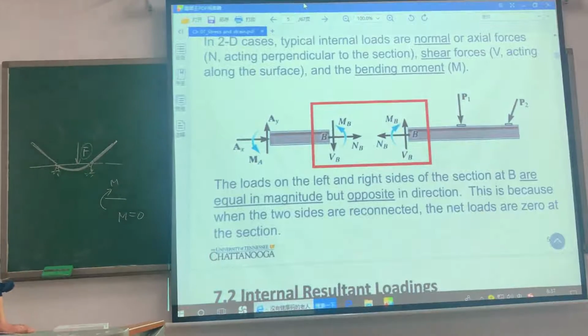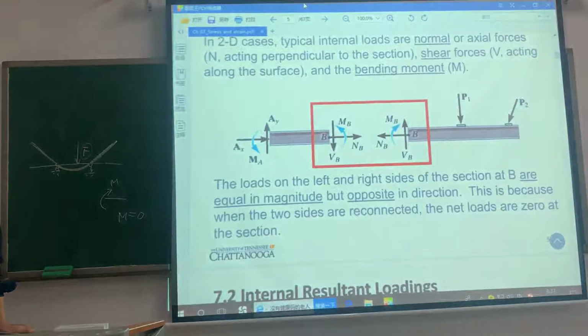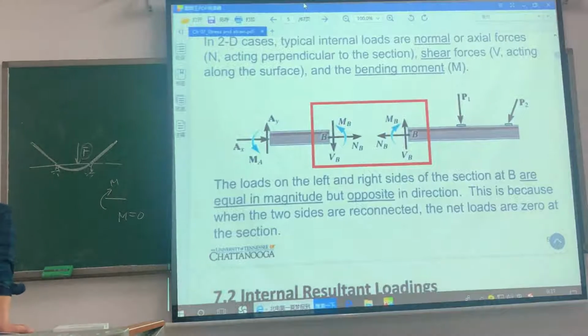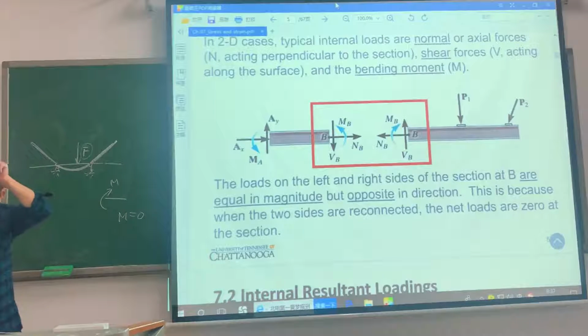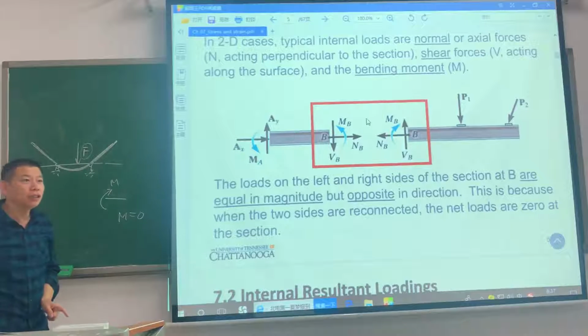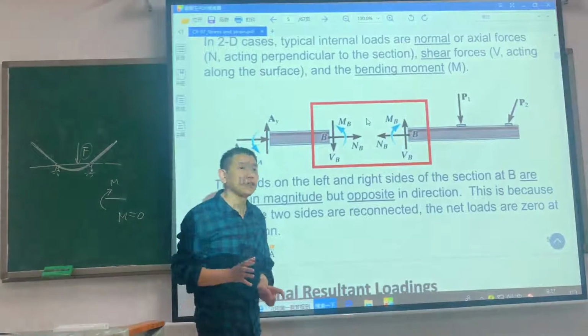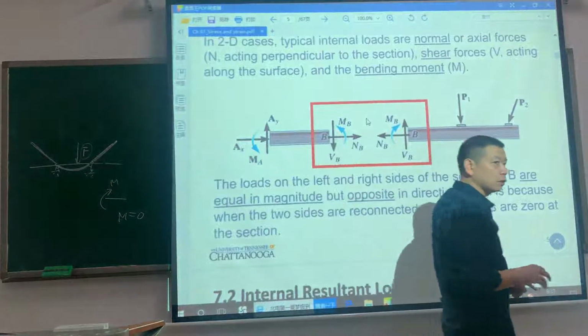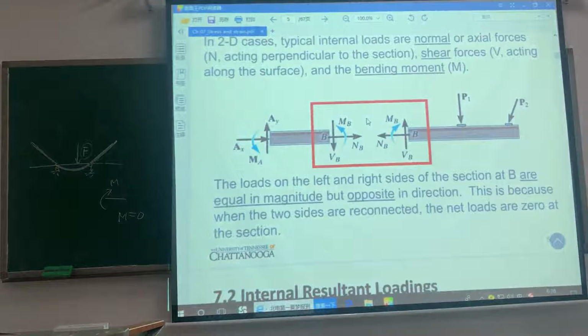Mechanics of materials is difficult. It's more difficult than statics. Actually, gradually you will fail, okay? How to find the internal force is the first step to get the stress and strain.